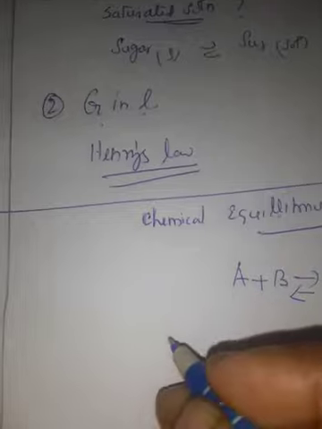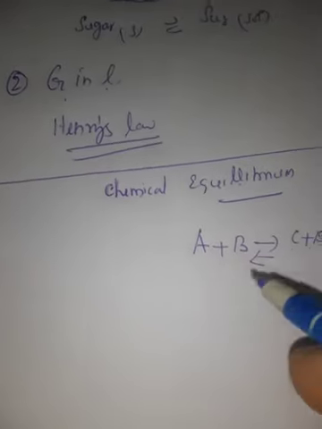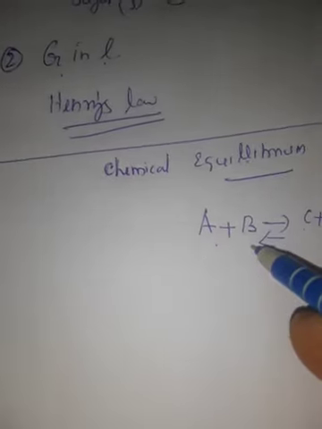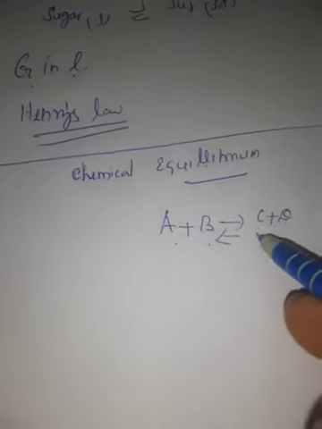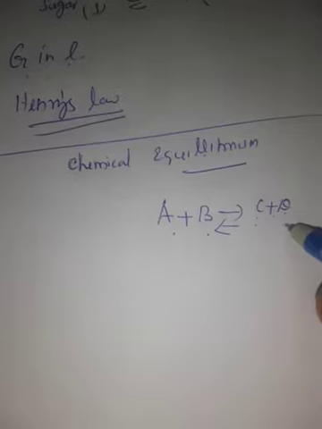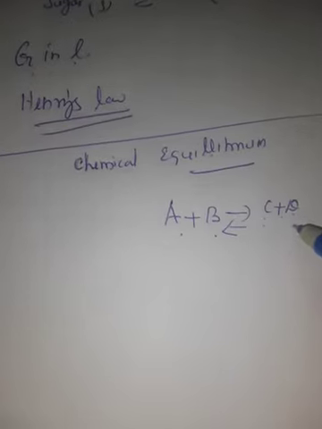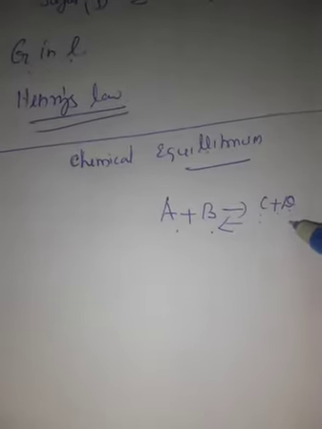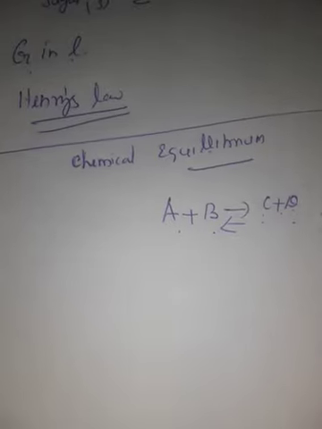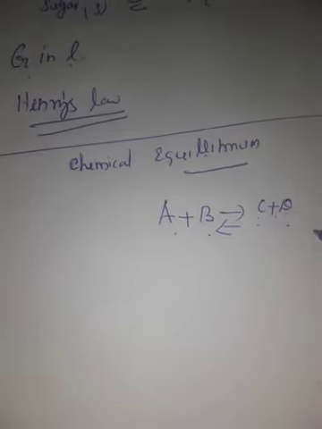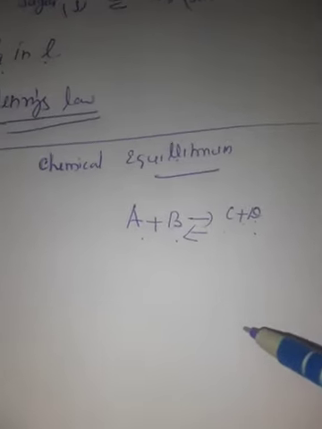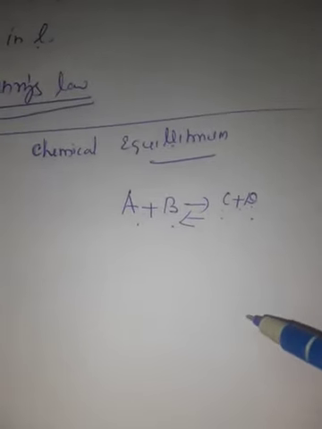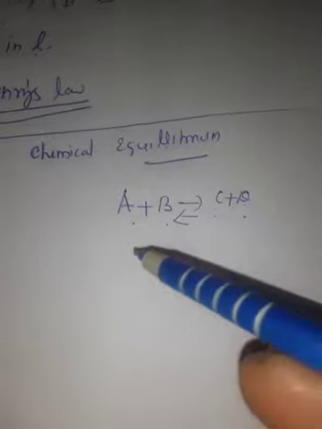Initially, that is, at the starting of the reaction, only A and B are present. Then after some time, C and D, the products, are formed. As the concentration of the product increases, more products collide with each other and react and give the backward reaction.